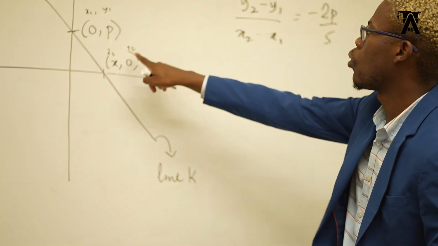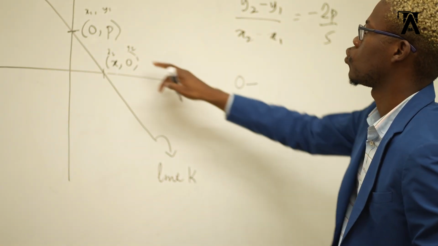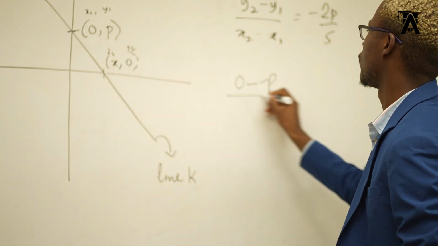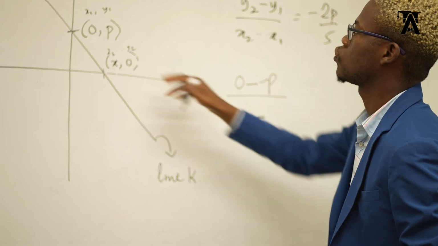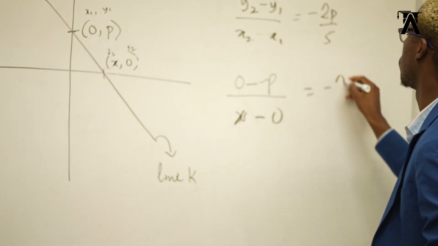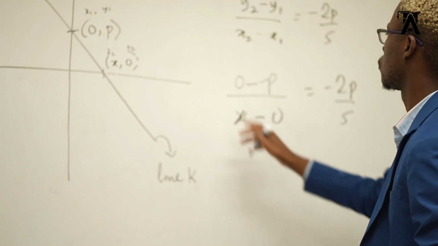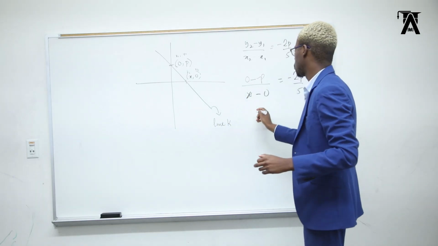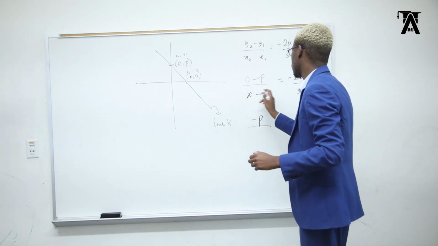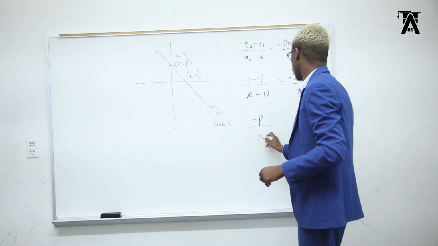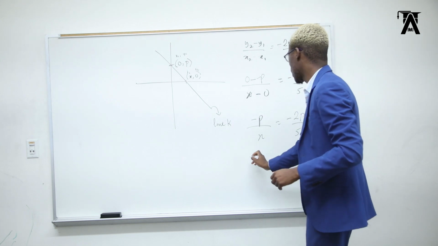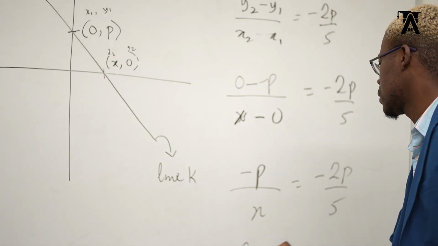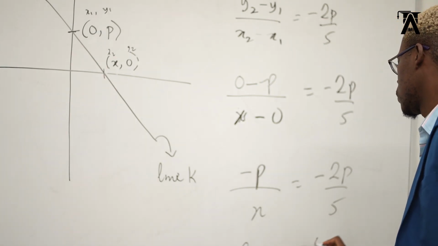Okay, so y2 here is 0 minus y1 is p, divided by x2 is x minus x1 is 0, equals minus 2p over 5. So we're almost there. 0 minus p is negative p, divided by x minus 0 is x, which is equal to minus 2p over 5. So we have here minus 2px equals minus 5p.